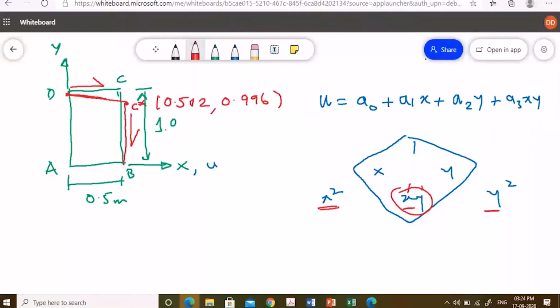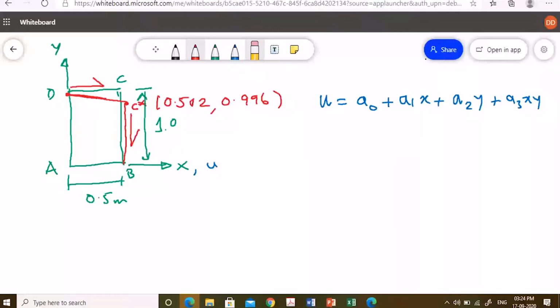So we will be using these Pascal triangles, but if you see very closely, we can also prove it very quickly. Let's say I take U at A, the displacement in the x direction at point A. This is basically 0. If I put in the xy value, A0 equals 0, because x is 0, y is 0, and xy will be 0 at point A. Since it is 0, A0 will be 0.